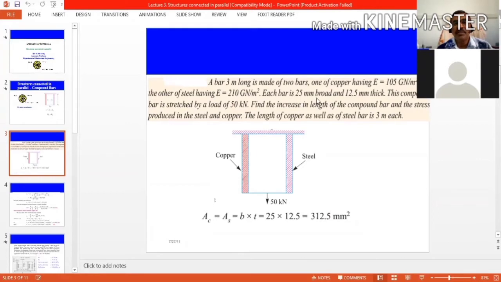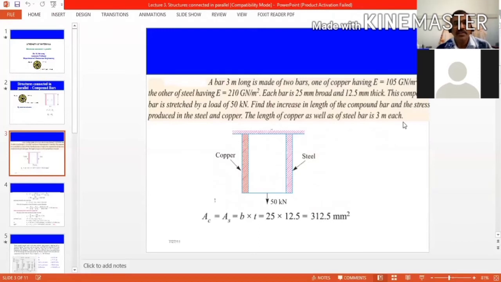Each bar is 25 mm broad and 12.5 mm thick. The compound bar is stretched by a load of 50 kN. Find the increase in length of the compound bar and the stress produced in the steel and copper. The length of the copper as well as the steel bar is 3 meters each. These are all the data given.